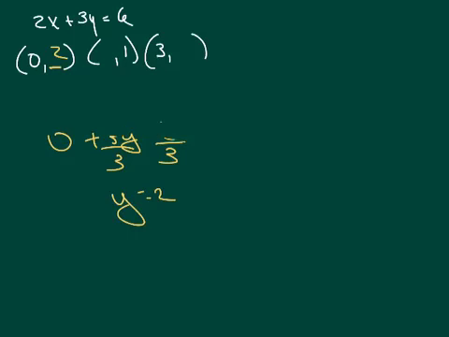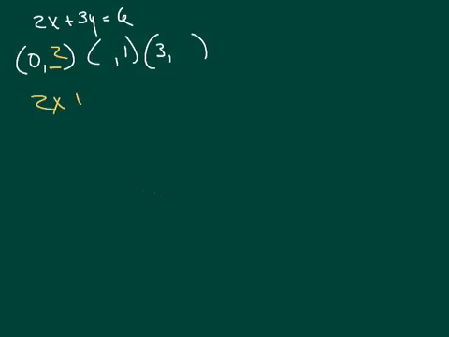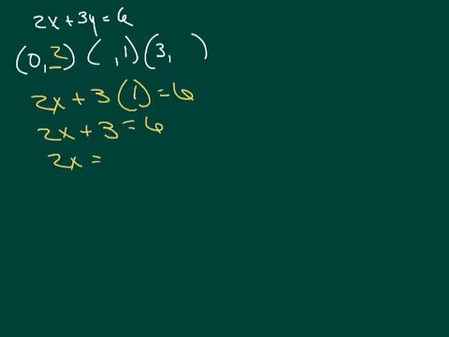Alright, and then it asks us to put 1 in for y. So we get 2x plus 3 times 1 equals 6. And this time we're looking for the x. So now my x value is 3 halves. Okay, so let's look at the next one.